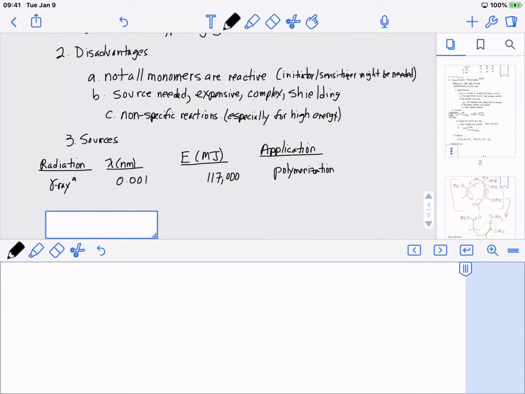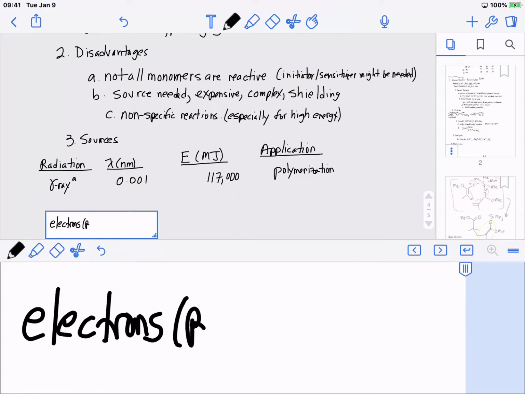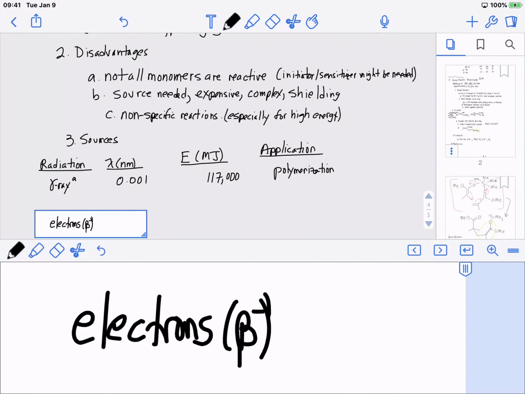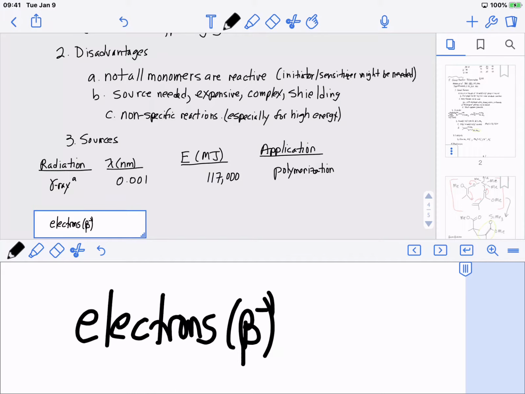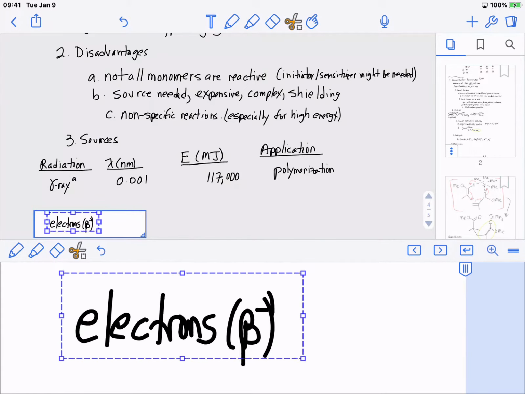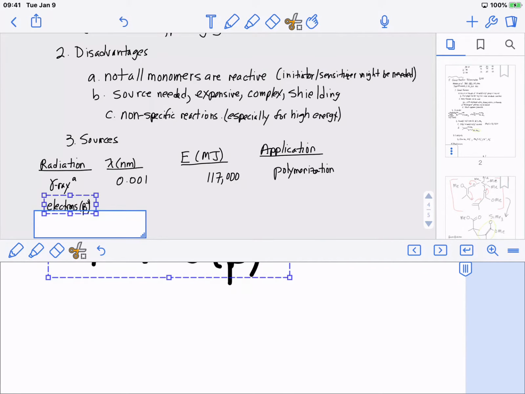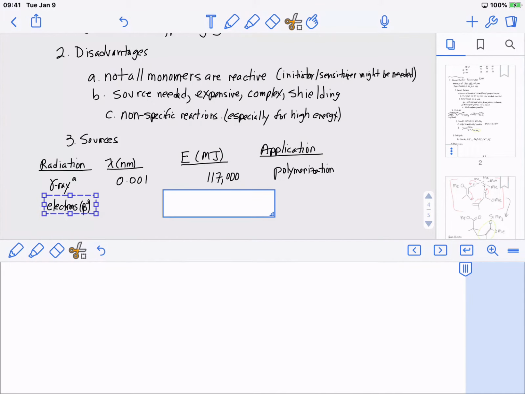Okay, you can use electrons. Symbol obviously is beta minus. Oh, it looks like I got a big space here. Let me draw it closer. Okay, and these are approximate wavelengths.